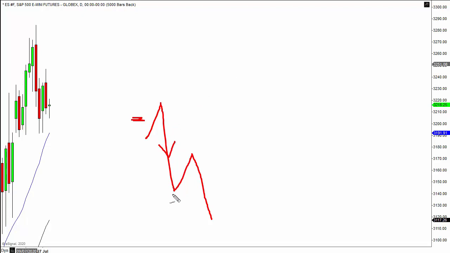If that's the case, when it does a retrace, then I'll look to short. I don't have anything on exactly what point you short on a retrace. You have to use your own trading skills to do that, as with stop losses and targets as well, because it's not going to carry on going down forever necessarily. You've got to look at the support and resistance that's on your chart as well.